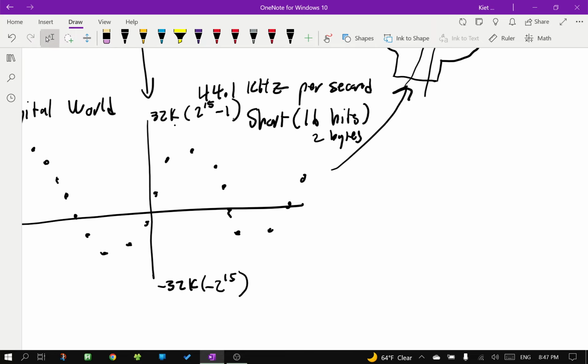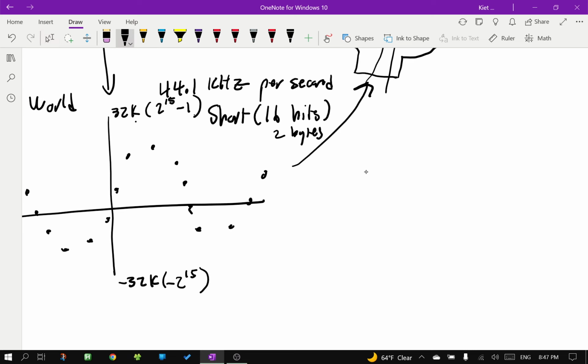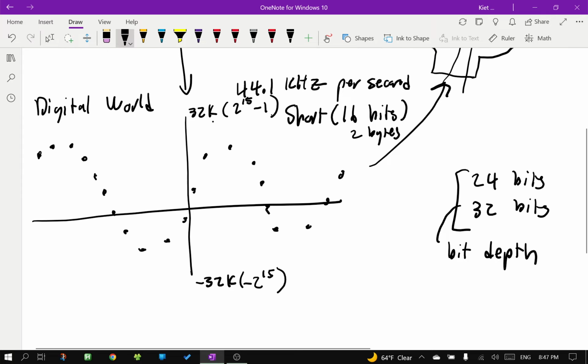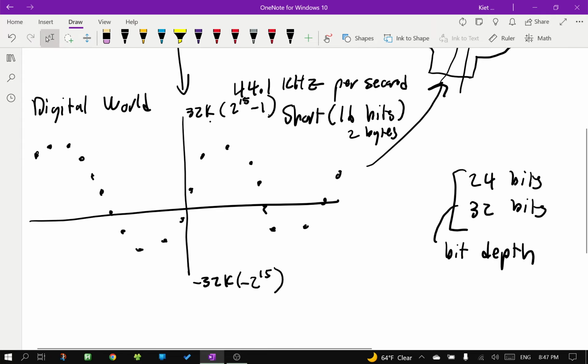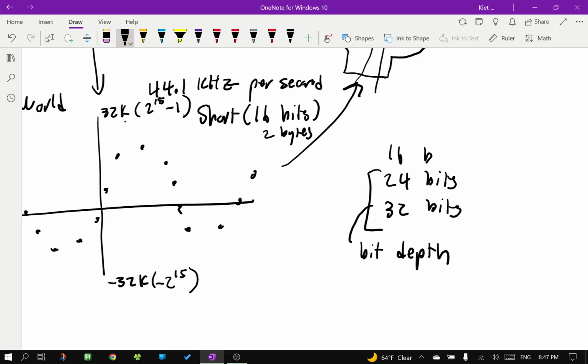And it doesn't have to just be short. Sometimes it could be 24 bits or 32 bits. I believe this setting is called the bit depth. The most common one is 16 bits, because if you decide to represent it as 24 or 32, it increases your file size by quite a bit.